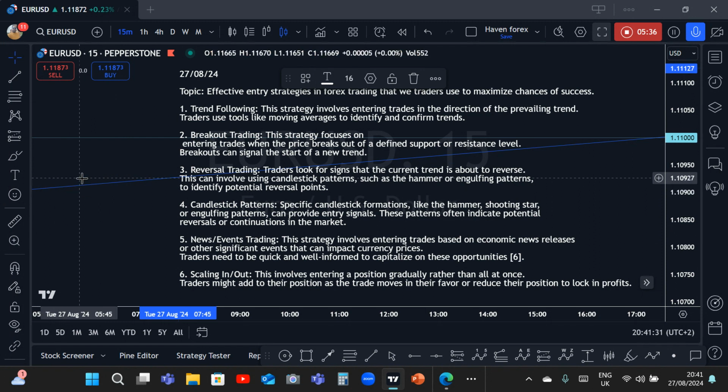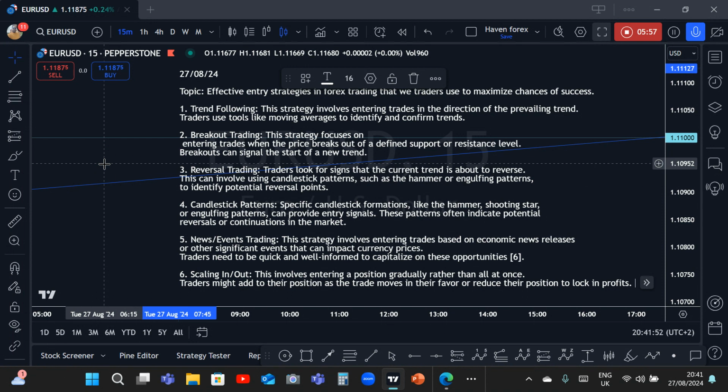So trend following. This strategy involves entering trades in the direction of the prevailing trend. If it's going down, you sell. If it's going up, you buy. So it's very simple.